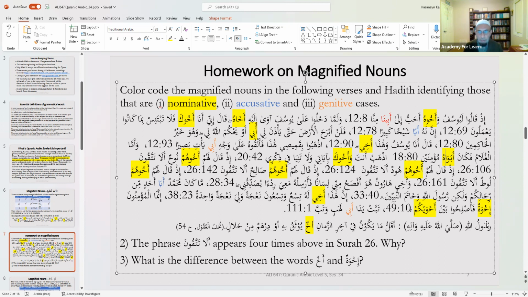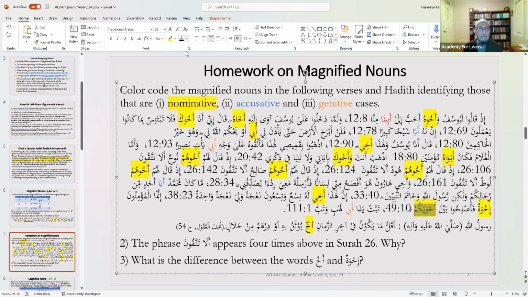Innama al-mu'minuna ikhwatun. You know, mu'minin are brothers, right? Faslihu bayna akhawaykum. So you can see if this is also nominative, faslihu bayna akhawaykum. Now, of course, this bayna akhawaykum should not be nominative. Okay, I have doubts about this. Okay, hold on.